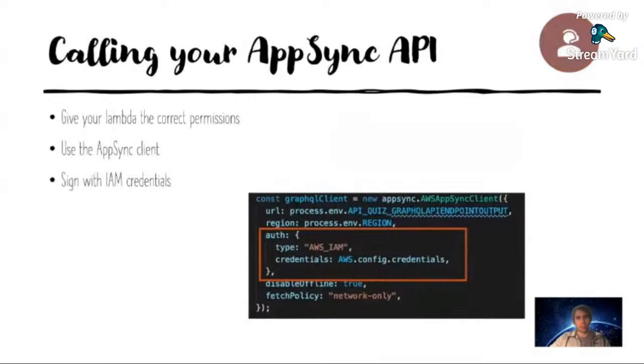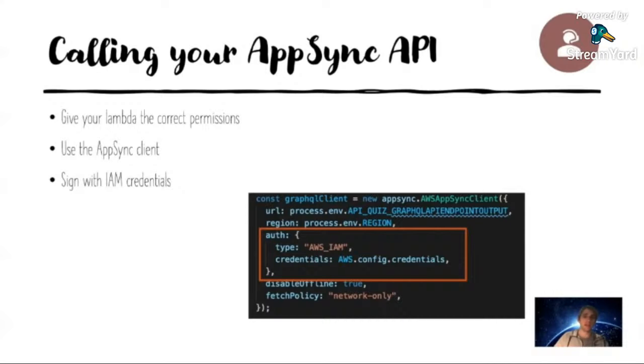Next up, calling your own GraphQL, your own AppSync API from within your Lambda function. So first, again, permissions. Your function needs IAM permissions to access your GraphQL API. Next, you have to set up a GraphQL client.